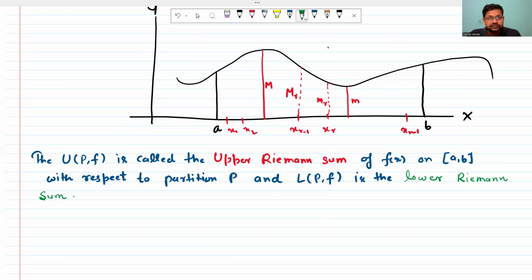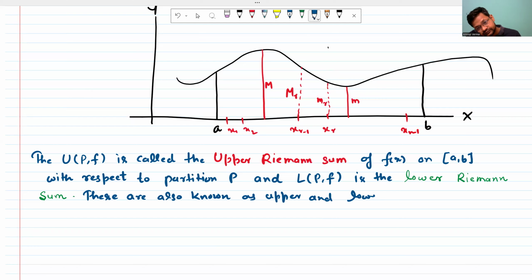Okay, so you just remember these. These are also called Darboux sums, so you can also remember these as upper and lower Darboux sums respectively.